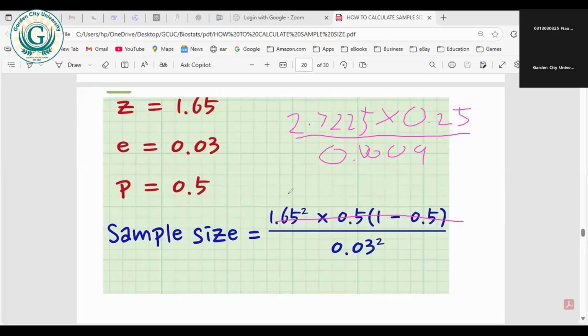Okay, so now let's move on. We are going to multiply 2.7225 by 0.25, and that will give us what? 0.680625. Okay, divided by 0.0009.